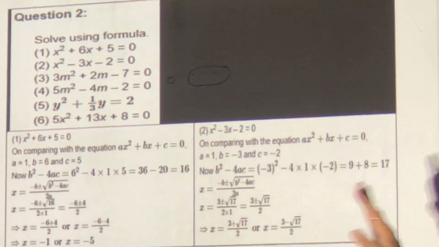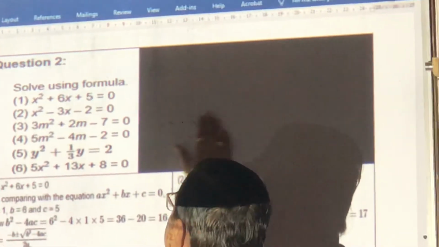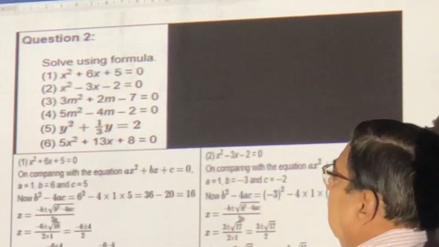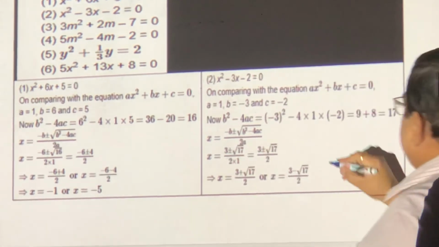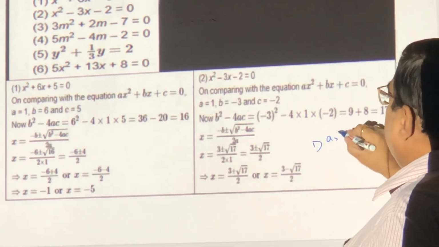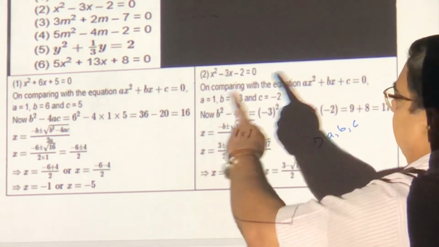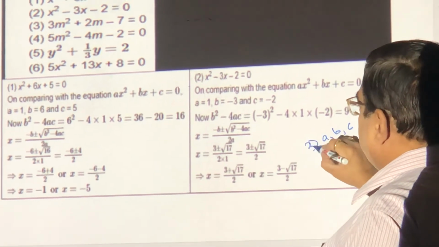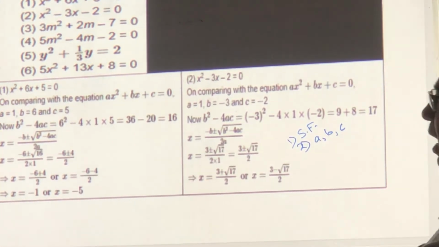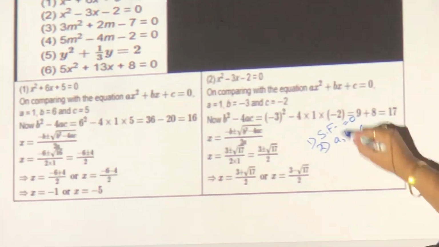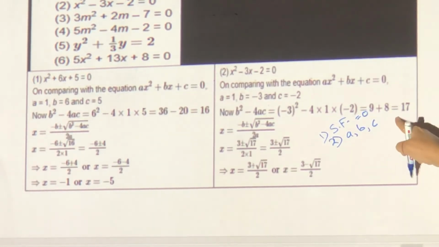Now we come to the proper sum. How to solve using the formula. Now my friends, steps. First get a, b, c. Before that, write the standard form. Don't write your form. I need it equal to 0. And then I must get a, b, c.